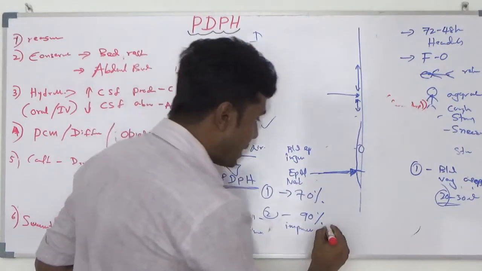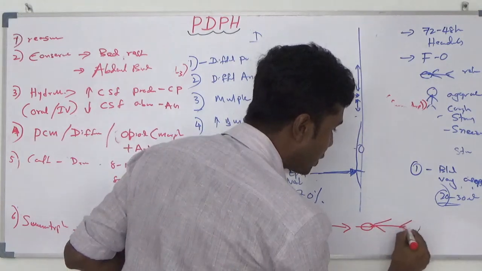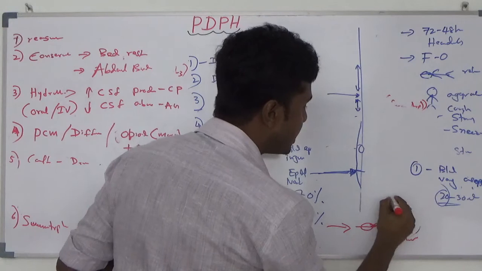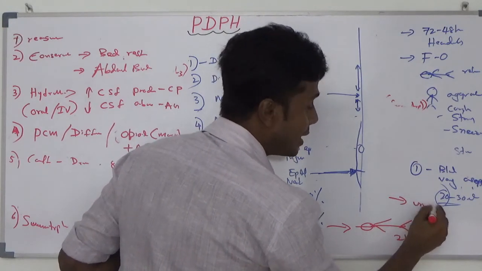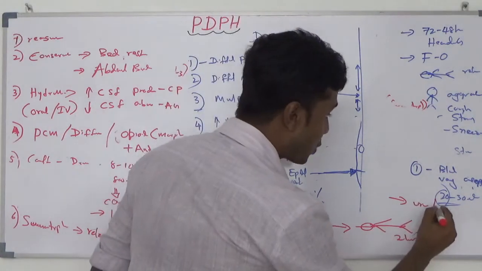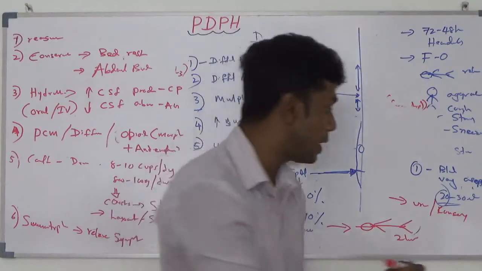Once you give the blood patch, ask your patient to be in the supine position for 2 hours. Because of that, before coming to the procedure, ask the patient to urinate and defecate, whatever they want to do, and come. Another thing is, you have to take consent for the blood patch.